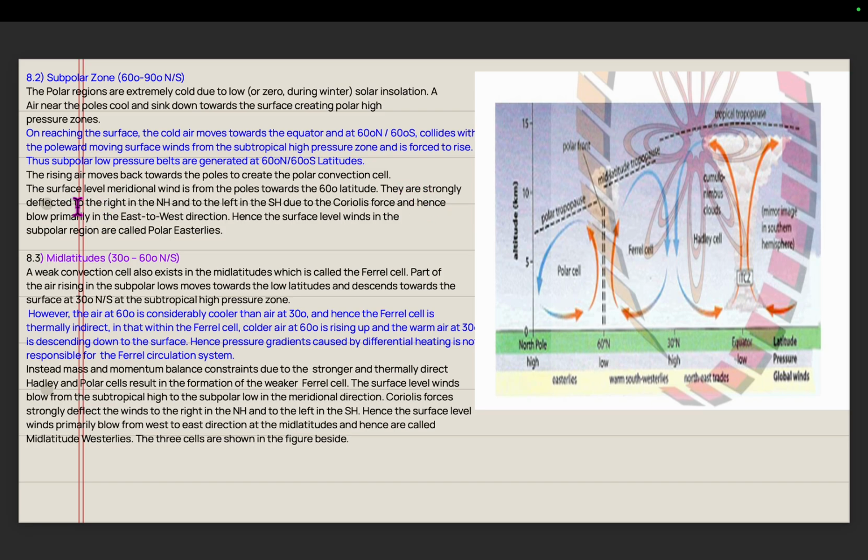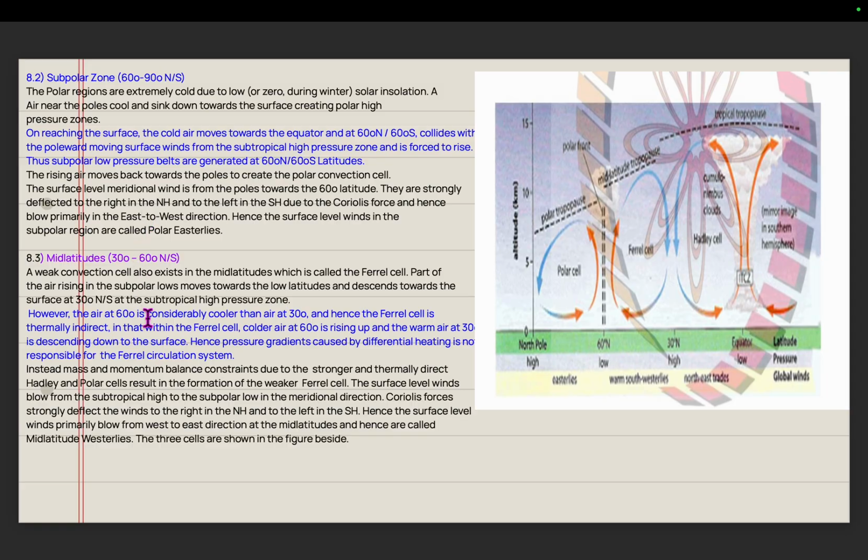They are strongly deflected towards the right in the northern hemisphere and left in the southern hemisphere, as the Coriolis force told us, and hence they blow in the east to west direction. Hence the surface level winds in the subpolar region are called the polar easterlies.